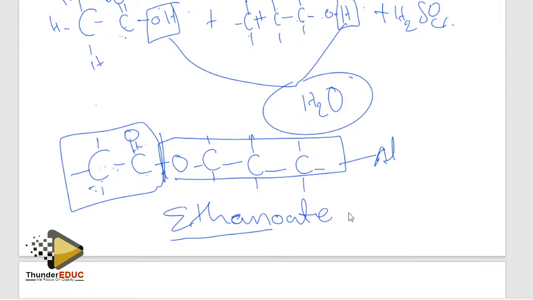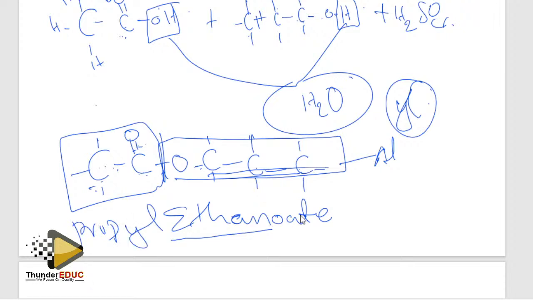Ethano, wait. But now you have this side group. Remember, once you add YL, it means that this is a side group. 1, 2, 3. So it is 3 of them. So it's prop, and then I add YL, propyl ethanoate. So guys, that's how you're supposed to name the carboxylic acid and the esters. So don't make a mistake.